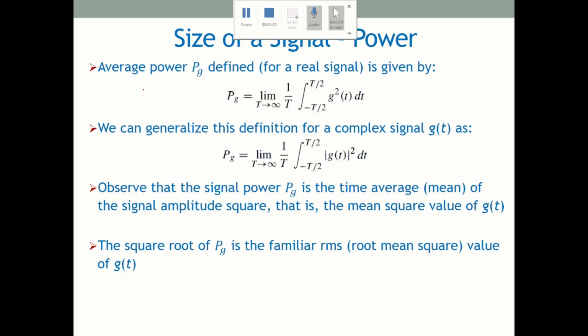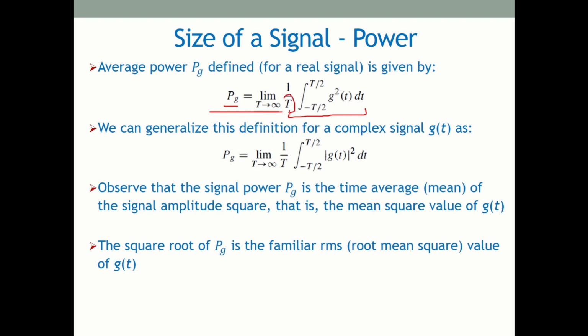Now, for the time average, if we denote power as P_g, then we take the limit as T approaches infinity, meaning for a very large time period we determine the power by using this relation. If you look at the limits, this is for one time period T, from minus T by 2 to T by 2.